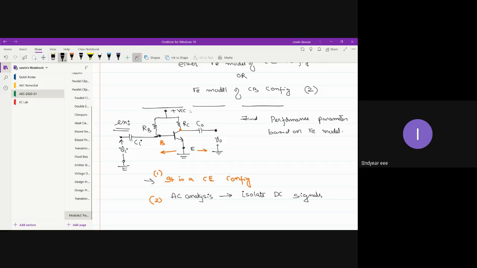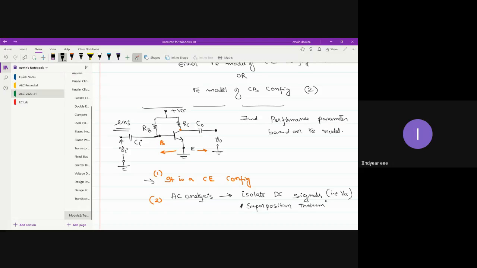You have a DC signal, VCC. What do you mean by isolation of the DC signal? It is something to do with your superposition theorem. What does it state?